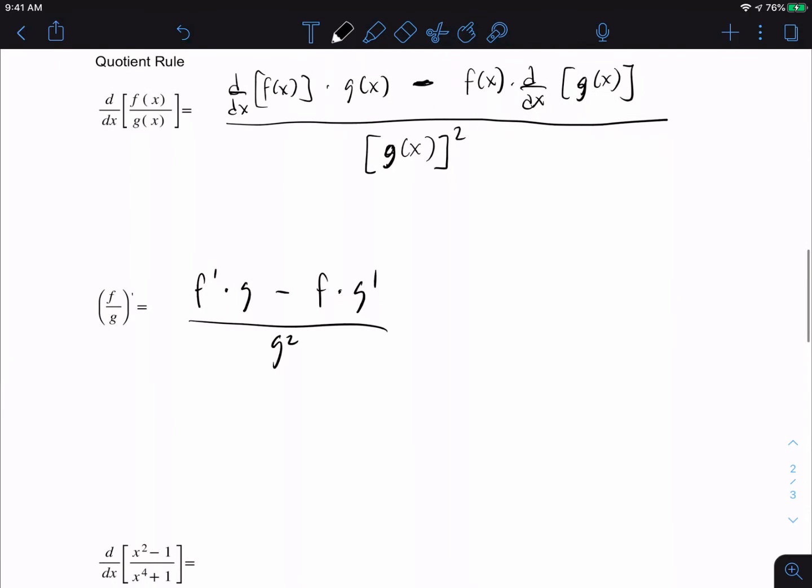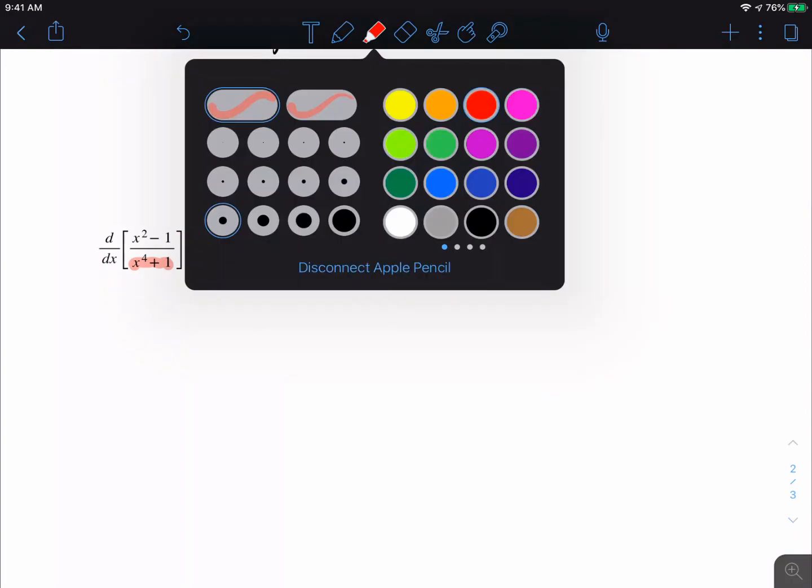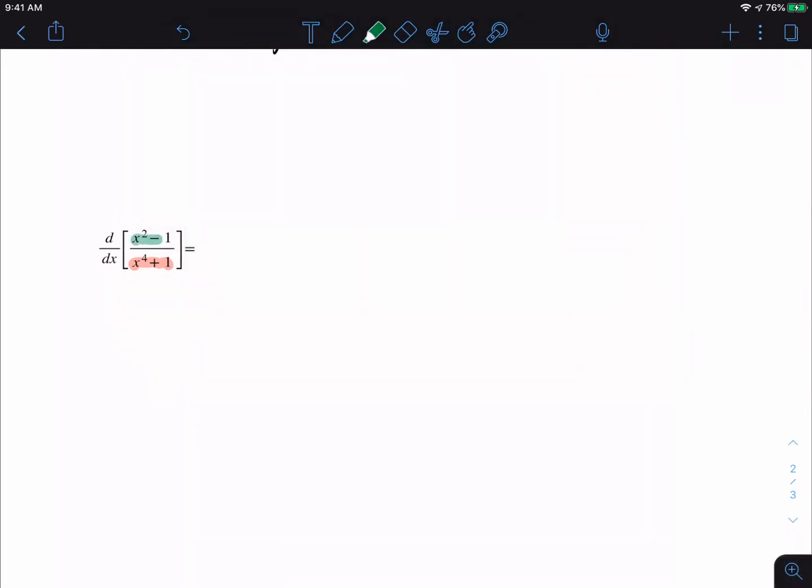All right, here we go. So again, I'm just going to color coordinate. So when I set this up, what I'm going to end up getting is, I'll write it down just so you guys can see, and then I'll clean it up.